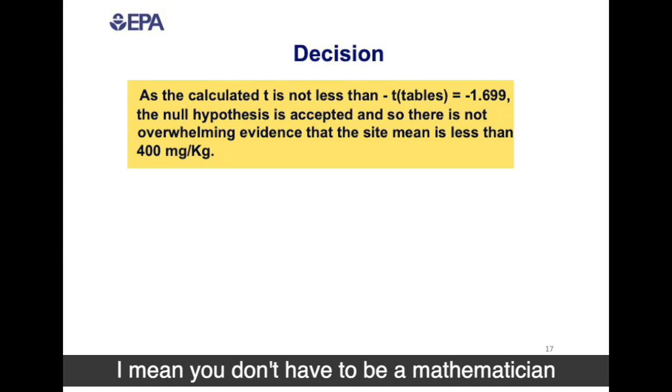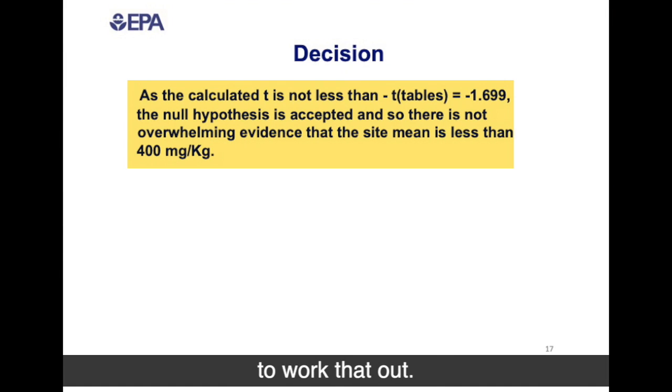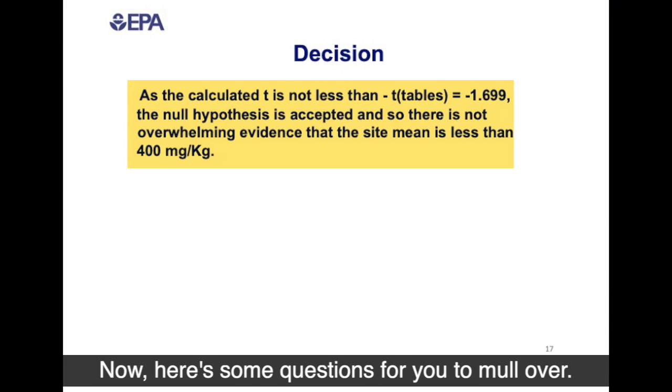I mean, you don't have to be a mathematician to work that out. The problem is, as random noise or random variables were going on here, you couldn't be absolutely sure that's what the test will do. Now, here's some questions for you to mull over.